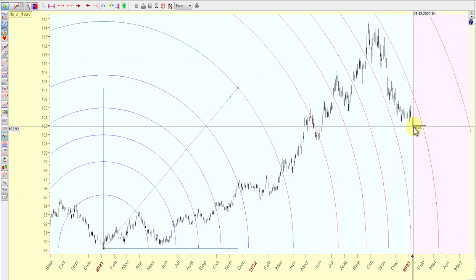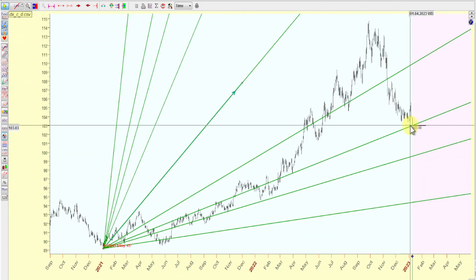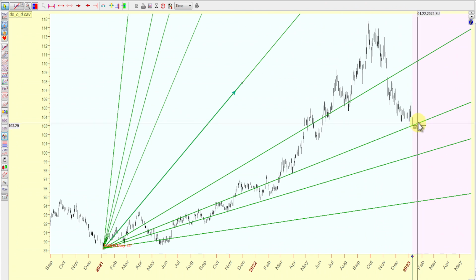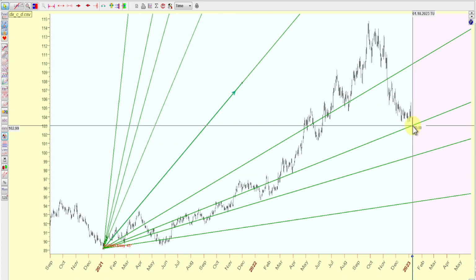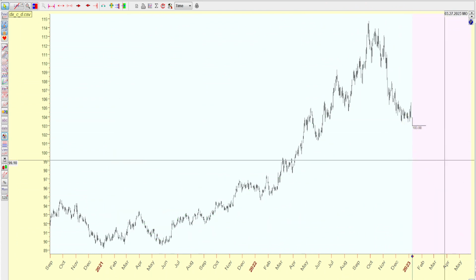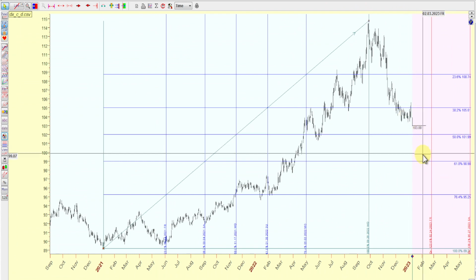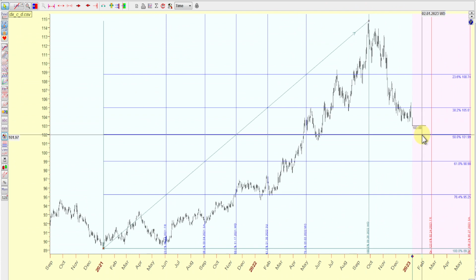But let's see how the dollar holds off of this 1 by 3 right here. It'll probably oscillate, but if this holds and it consolidates and finds support, that could be a turning point. If it doesn't, it's probably going to go to the center of gravity, maybe go back to the 50, and maybe even push lower, 98. I don't know if it's going to go all the way down there, but it could definitely get to 101.99.